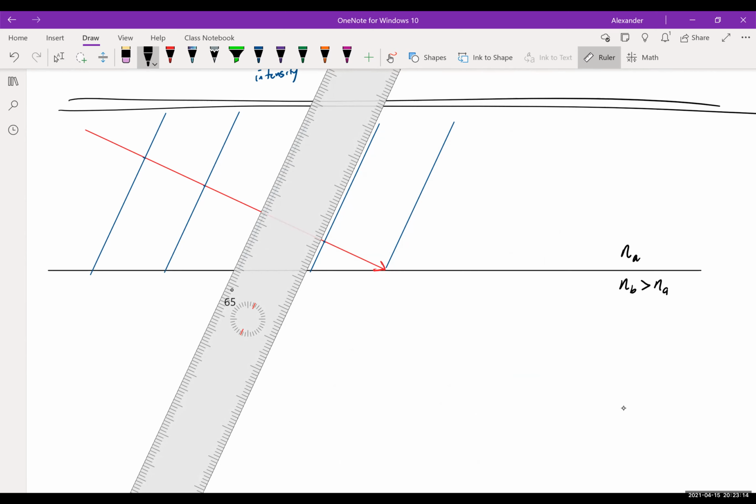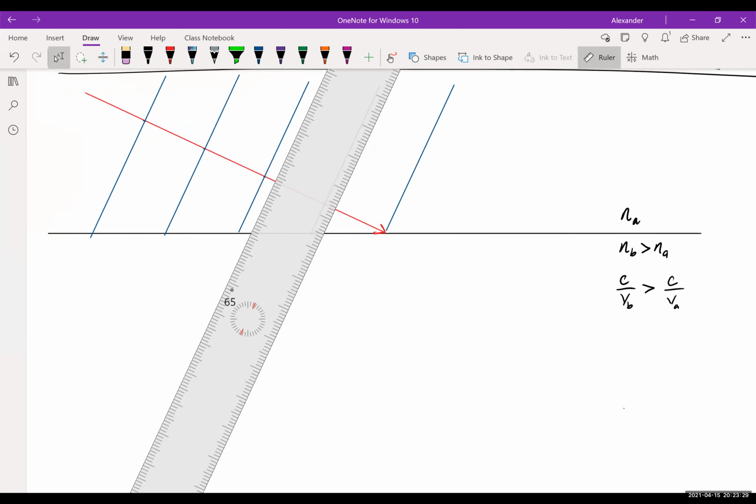Now, n sub b is the speed of light in a vacuum divided by the speed of light in medium B. Which I think means, if we cross multiply, that the speed is actually greater in medium A. We also know, for any given wave, that when we talk about the propagation speed, we could also talk about the frequency and wavelength. I'll give the frequency individual subscripts, one for each medium.